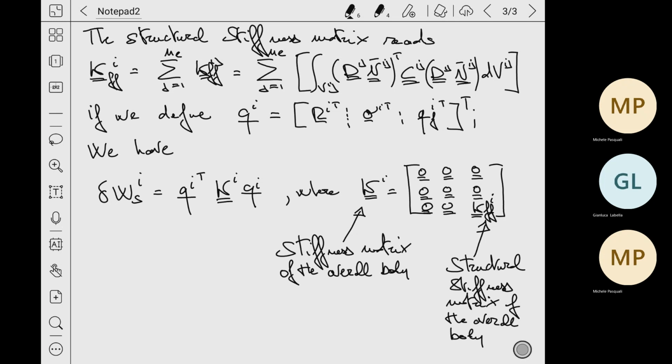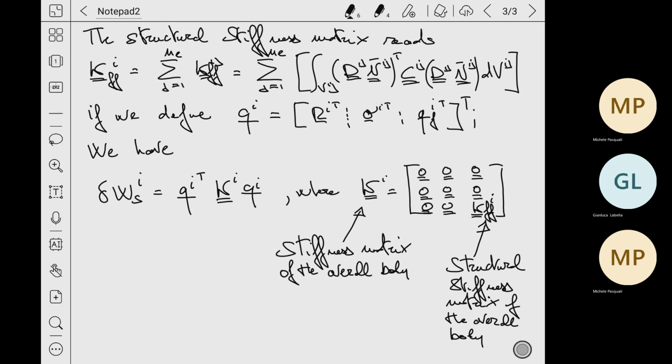The stiffness matrix of the overall body is typically singular, because of course you have the chance of rigid motion, unless you may have boundary conditions or constraints in general that prevent your body from moving, and in that case the stiffness matrix and the structural stiffness matrix coincide.